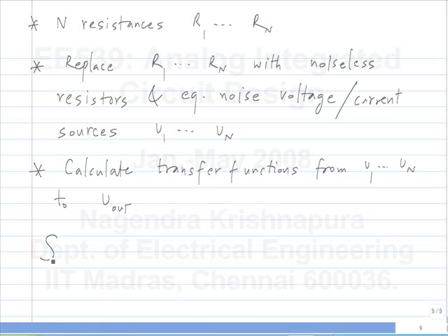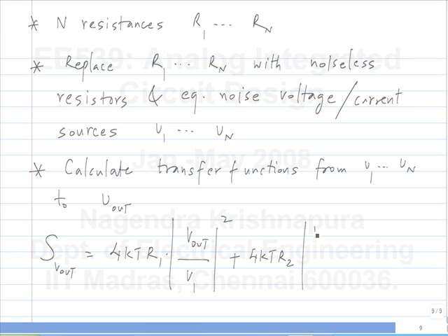Then the output spectral density will be given by the spectral density of the first resistor's noise times the transfer function squared from that noise source, and so on.